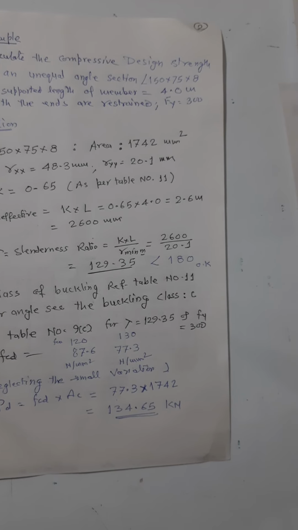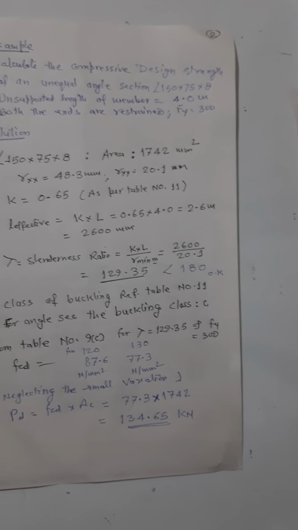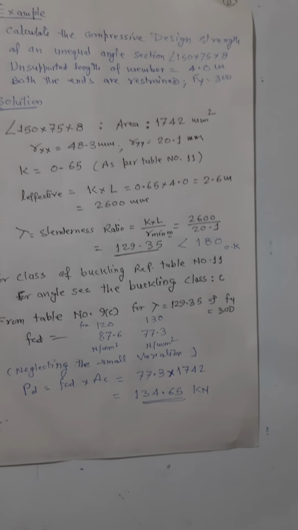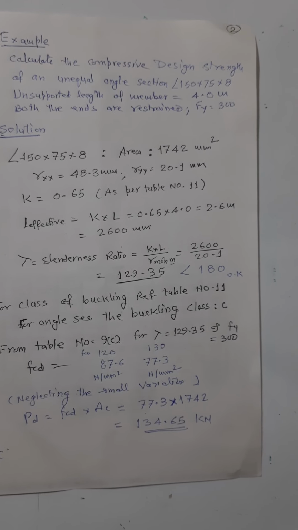But Rxx and Ryy is only applicable. Here you will find every time that Ryy is minimum for a single section.